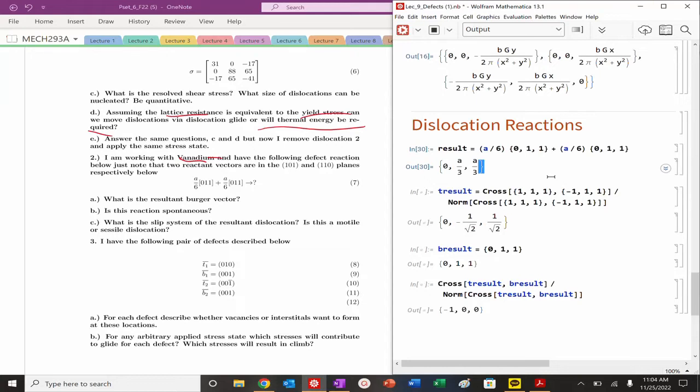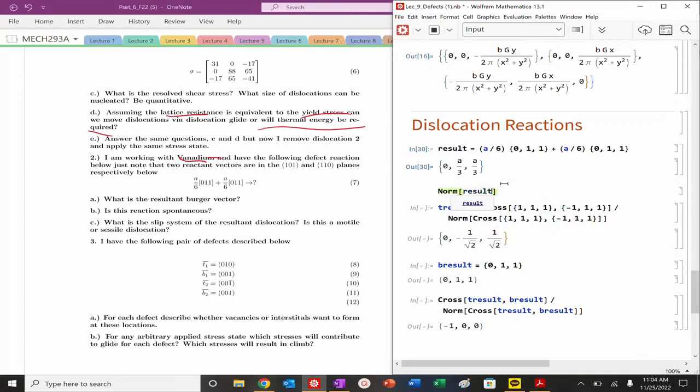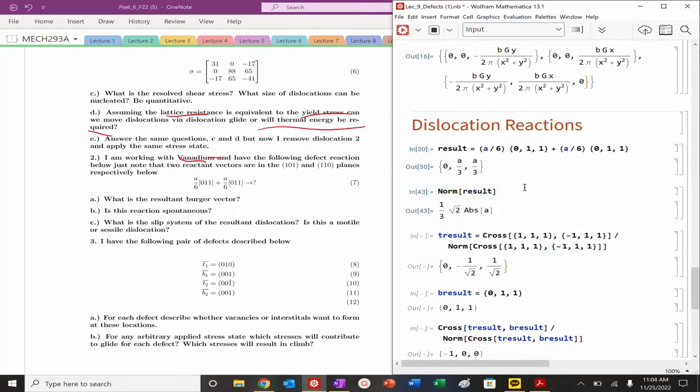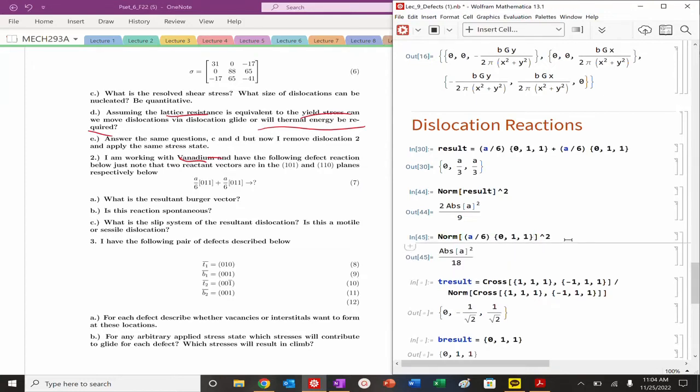So if we compare the sum of the squares of the Burgers vectors of the reactants to that of the products, we should be able to see if it's spontaneous or not, and they need to be less. So I'm just going to take the norm of my result and square that, and then ask, is this larger than this plus the exact same?